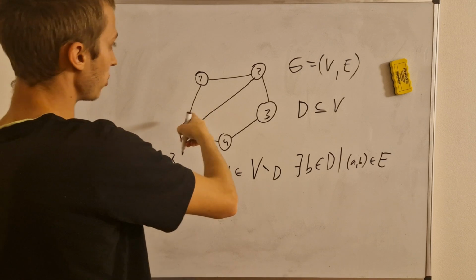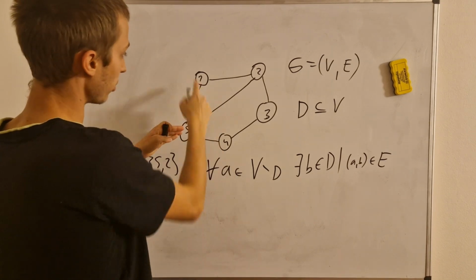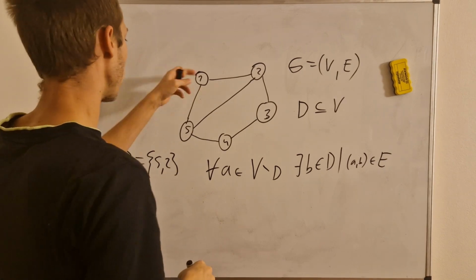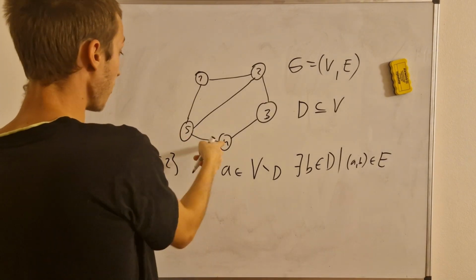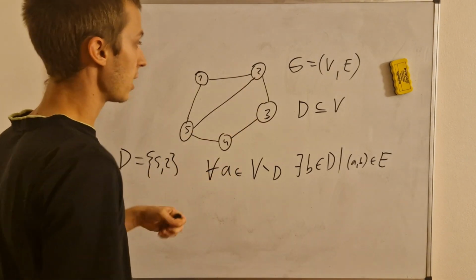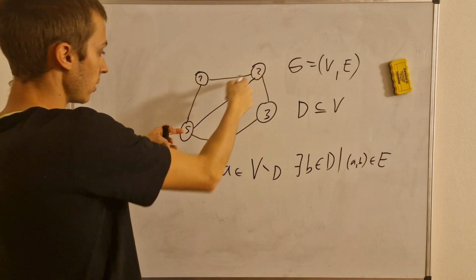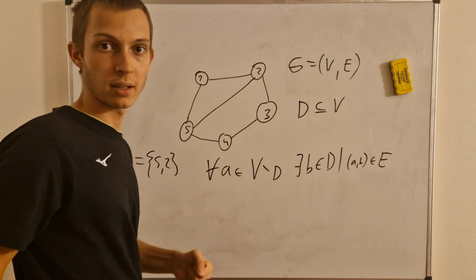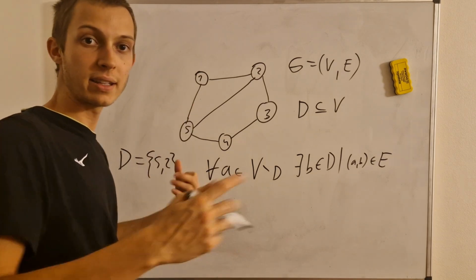We have 5 connected to 4 and 1, 2 connected to 3 and 1. So they both connect to 1, but only 5 connects to the 4 and only 2 connects to the 3. But in total, 5 and 2 have edges connecting them, one or the other, to all the remaining vertices that are not inside the D. And that is the point of the D.